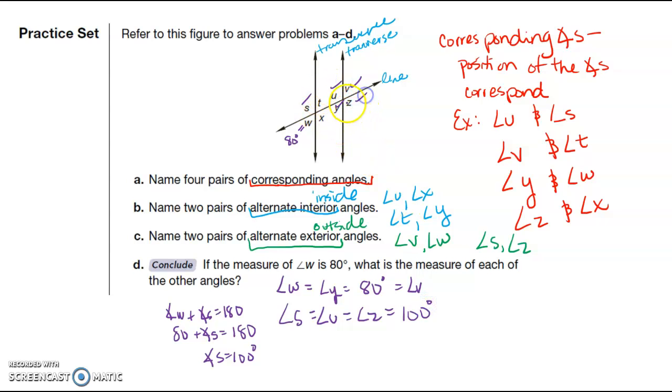U, Z. And I know V and T are the same. And I know that Z and X are the same. So basically, just knowing the one angle, I can get all of them.